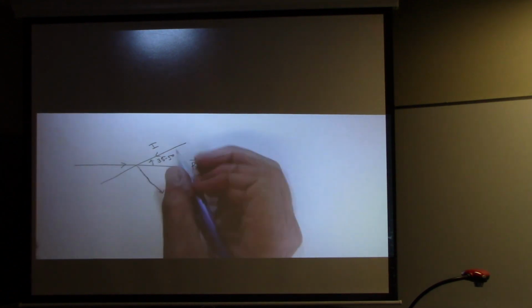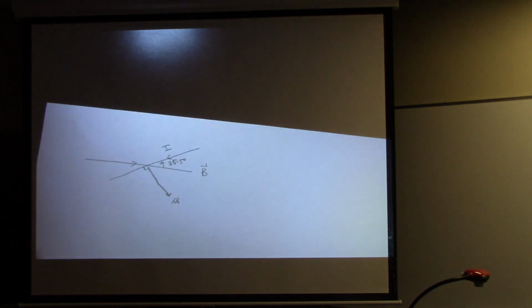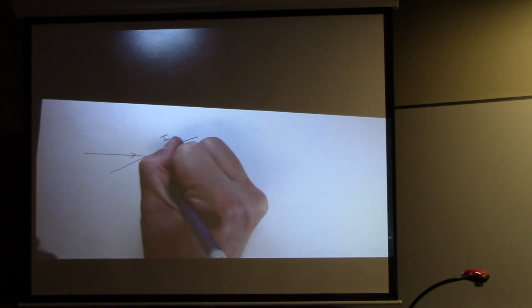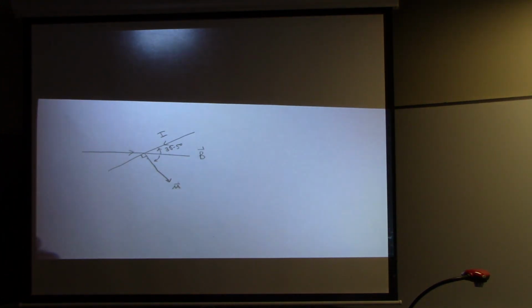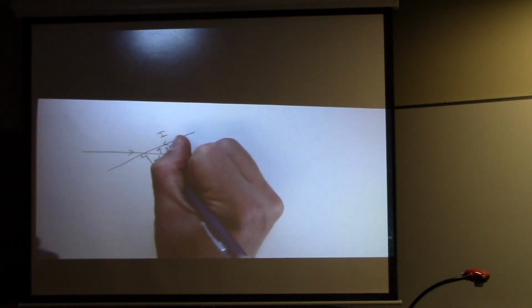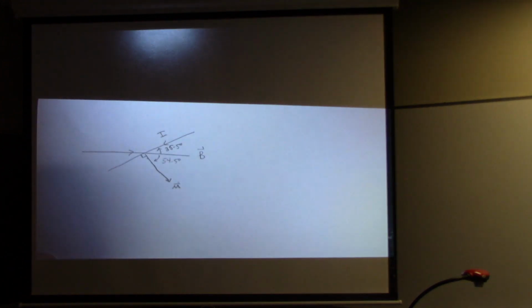Okay, so one thing we should notice about the mu vector is, again, it's always perpendicular to the plane of the loop, so that's a right angle right there. And that means this angle is just 90 minus 35.5 degrees, or 54.5 degrees. So this is really important.